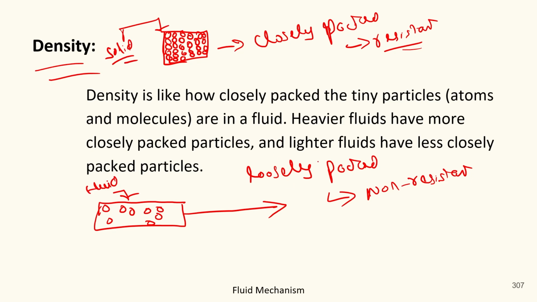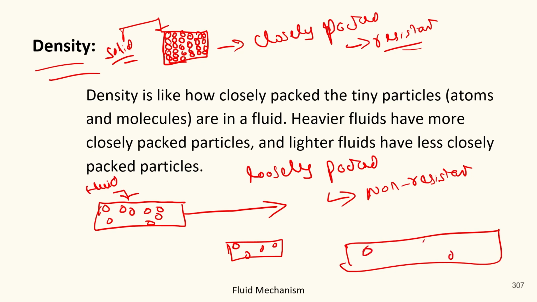Got it? And even in fluids, if this is a fluid A, where there is less space, whereas this is a fluid B where there is high space. Okay? So between fluid A and fluid B, fluid A will be less movable, whereas fluid B will be more movable.